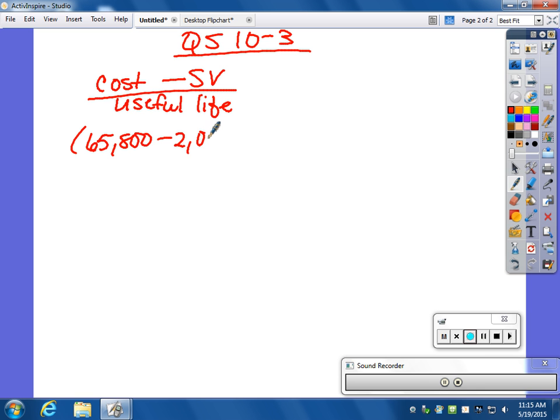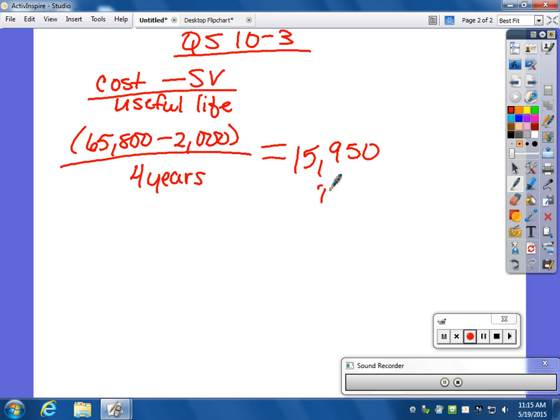Minus 2,000. And then we're going to divide that by 4 years, useful life. What's that depreciation amount? So $15,950 per year. Good.